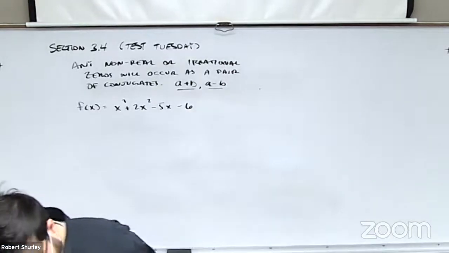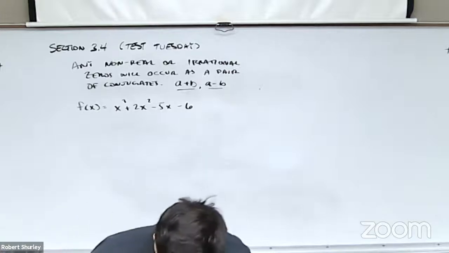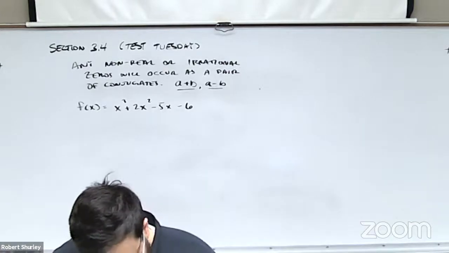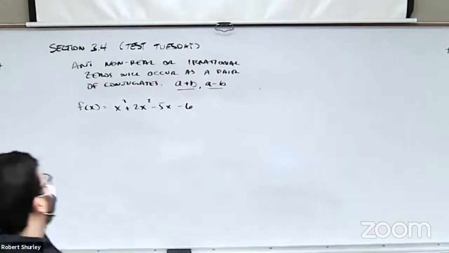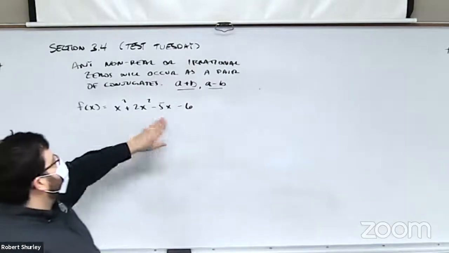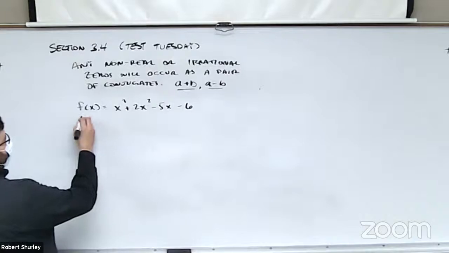This isn't the best starting example, but that's fine. We'll make it work. So f of x equals x cubed plus 2x squared minus 5x minus 6, and all it says is find all zeros.